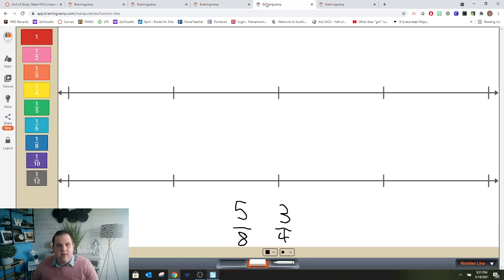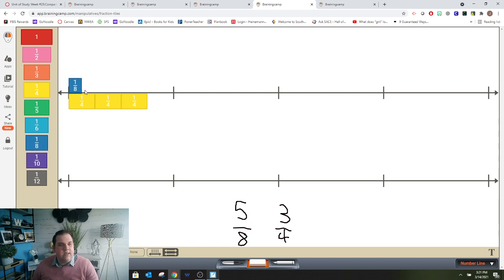Here's another. Which symbol do you think belongs in between these two fractions? Okay, 5/8 and 3/4. These are both close to 1/2 as well, but they're one piece bigger than 1/2. So I'm going to first model 3/4 here. And then I'm going to model 5/8.